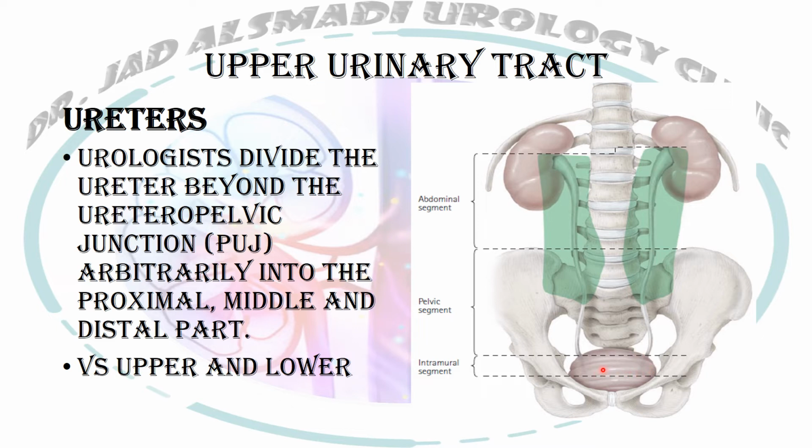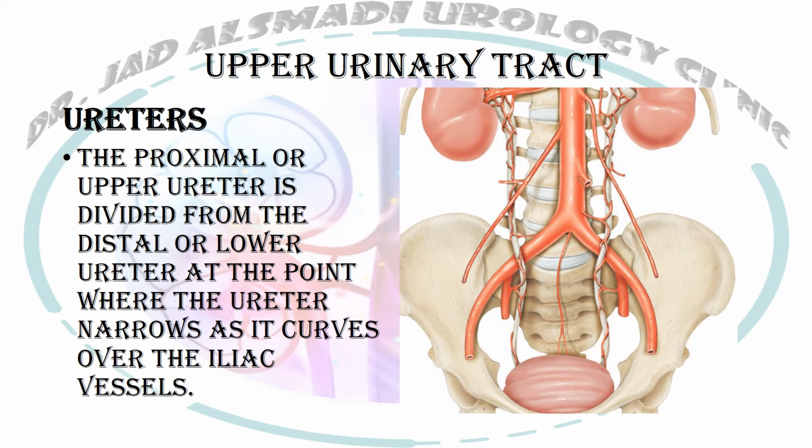But in clinical practice, urologists divide the ureter surgically into either upper and lower only, or upper, middle, and lower ureter. If we choose to divide the ureter into just upper and lower, this surgical classification depends on the vascular supply.